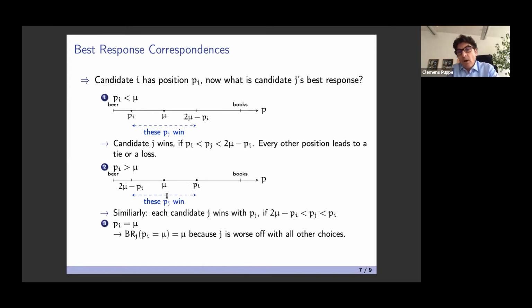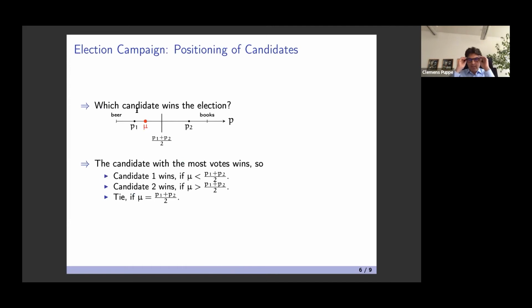Now, since we know that, the question is, how do the candidates behave? The problem is they have to choose simultaneously a position. It's for simplicity, but it's also a very reasonable assumption that both candidates have to choose a position at the same time, which means that one candidate has to choose the position without knowing what the other candidate has chosen.